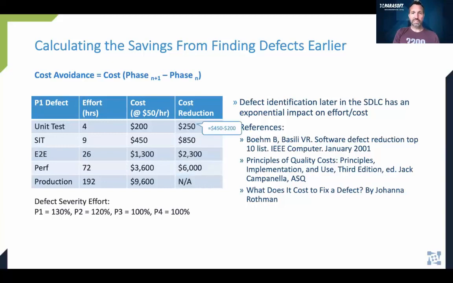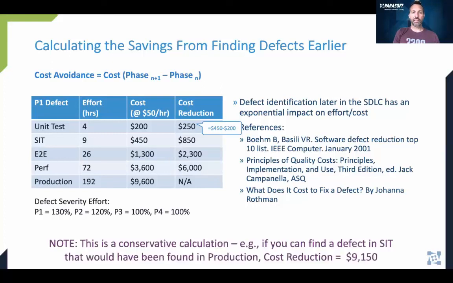So you can see that each stage or phase at which you find a defect and fix it, you're saving money. If you think about production versus unit test, or in this case just SIT, if you can find a defect in SIT instead of production, you're saving $9,150. That's a lot of money to be saving just by moving up when you find and fix defects.